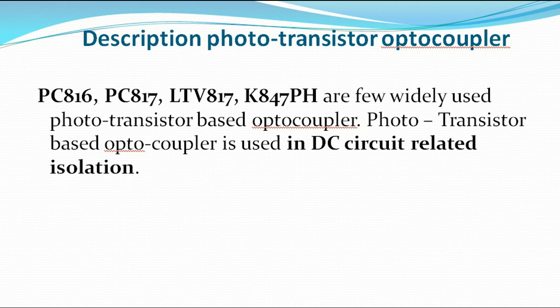These are the few series that I know, and all these are working under DC related isolation, DC circuit. They are all used in DC circuit. So in case if you are to purchase optocoupler, from what I showed you here, you can differentiate it. You can differentiate phototransistor from photo-darlington.